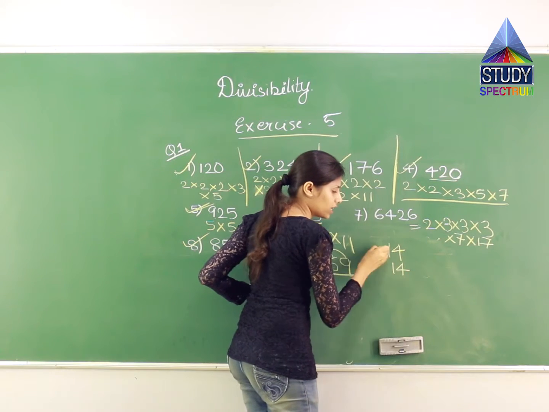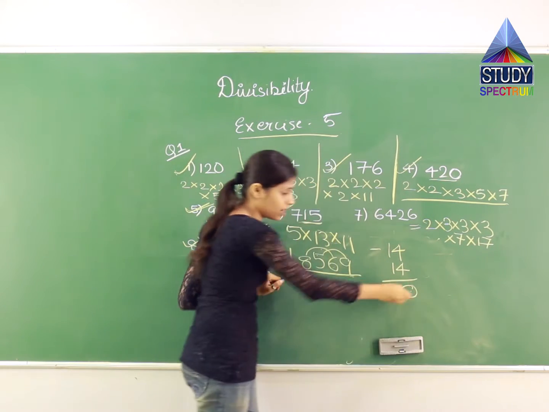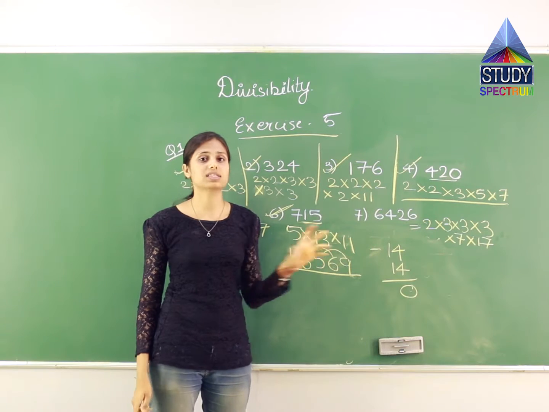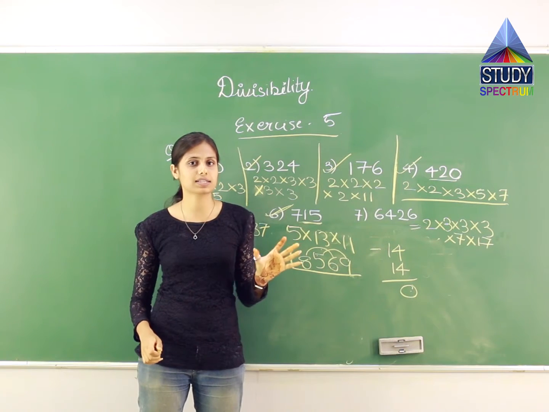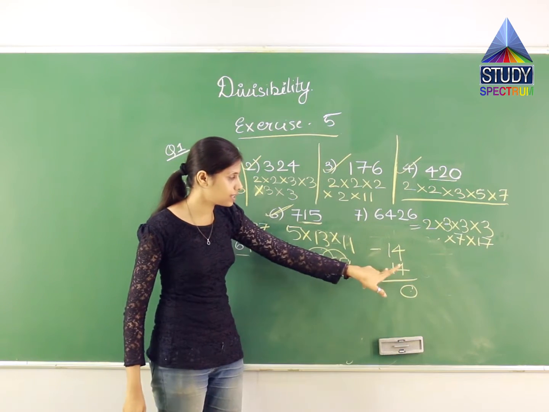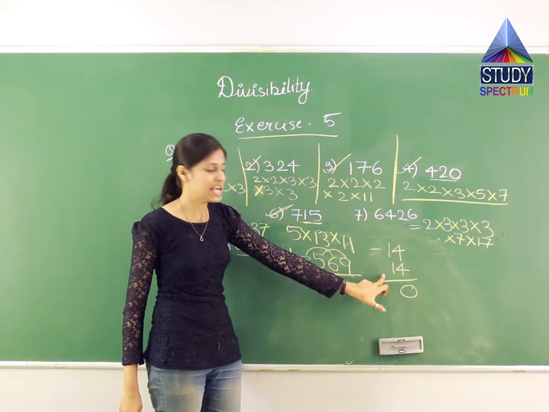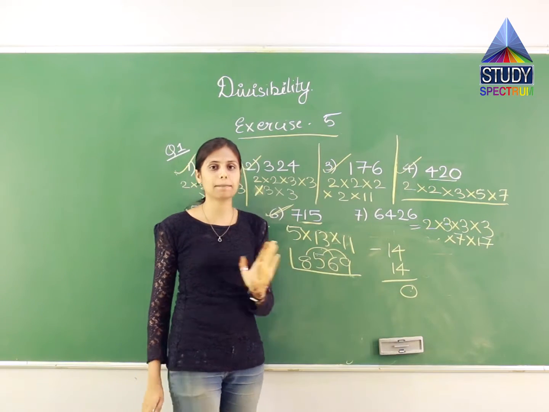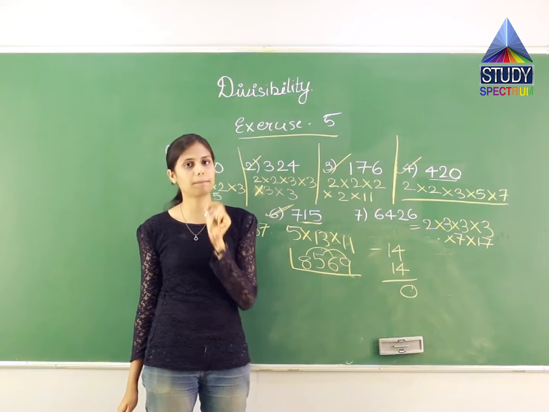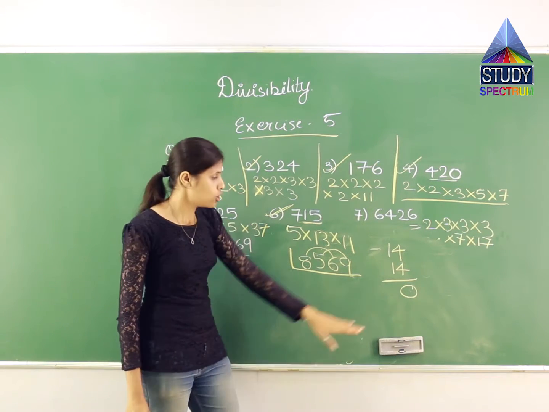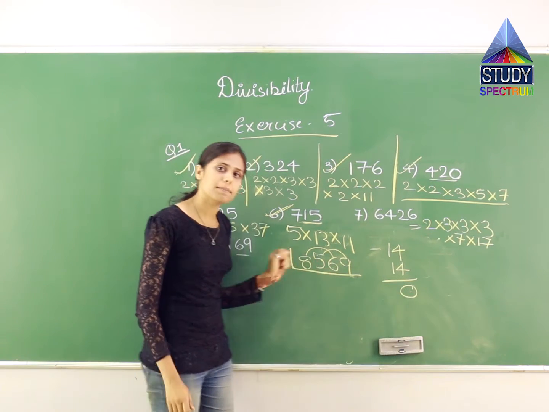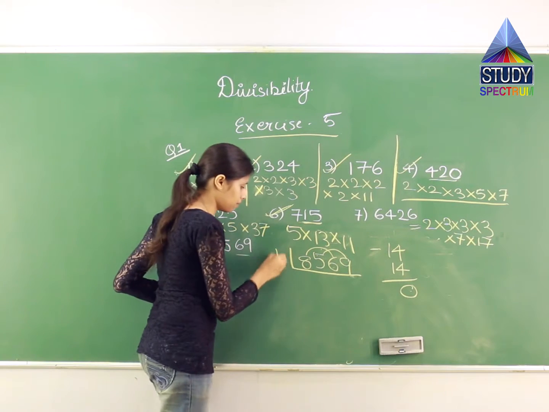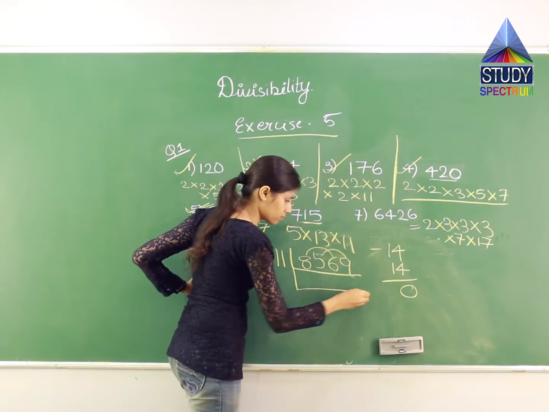When I subtract 14 by 14, the answer I get is 0. And what does the test of divisibility by 11 say? After subtracting the sums of the alternate numbers, if I get 0 or any number divisible by 11, then that number will be divisible by 11. So I get 0, which means this number is divisible by 11. So let us divide it by 11.